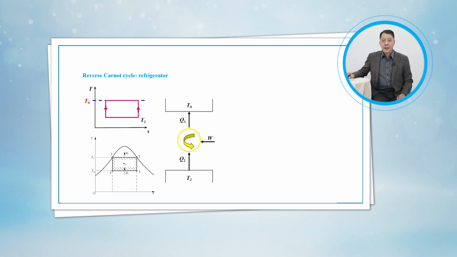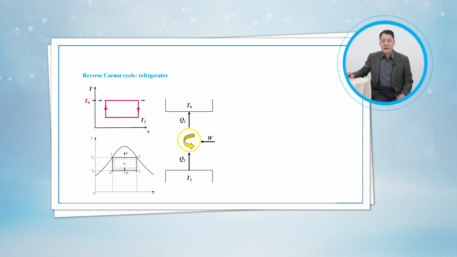A refrigerator or heat pump that operates on the reversed Carnot cycle is called a Carnot refrigerator or a Carnot heat pump.